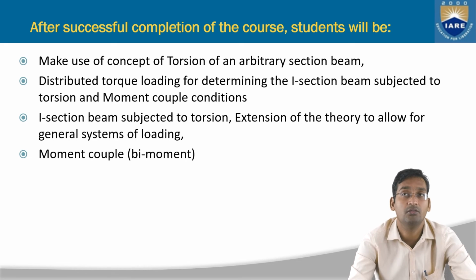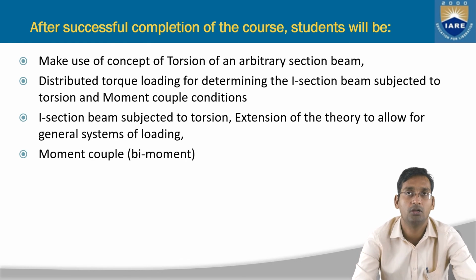When torsion will be there, then what happens, they will be able to find. And next, they can answer or solve the moment couple method. So these five are what the student will learn after completing the full module.